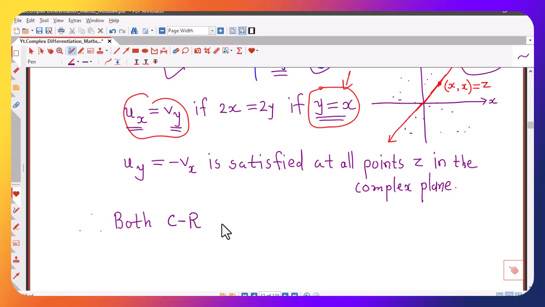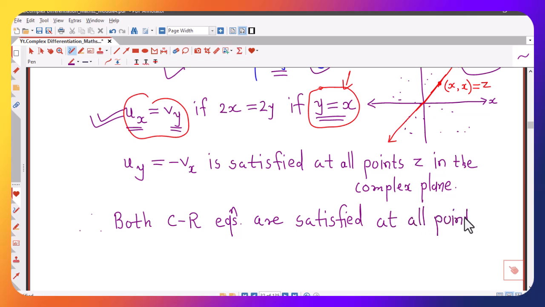And at the points which are not on the line, both equations are not satisfied, because the first equation is not satisfied at those points. Therefore, we can write that both Cauchy-Riemann equations are satisfied at all points on the line y equal to x only.